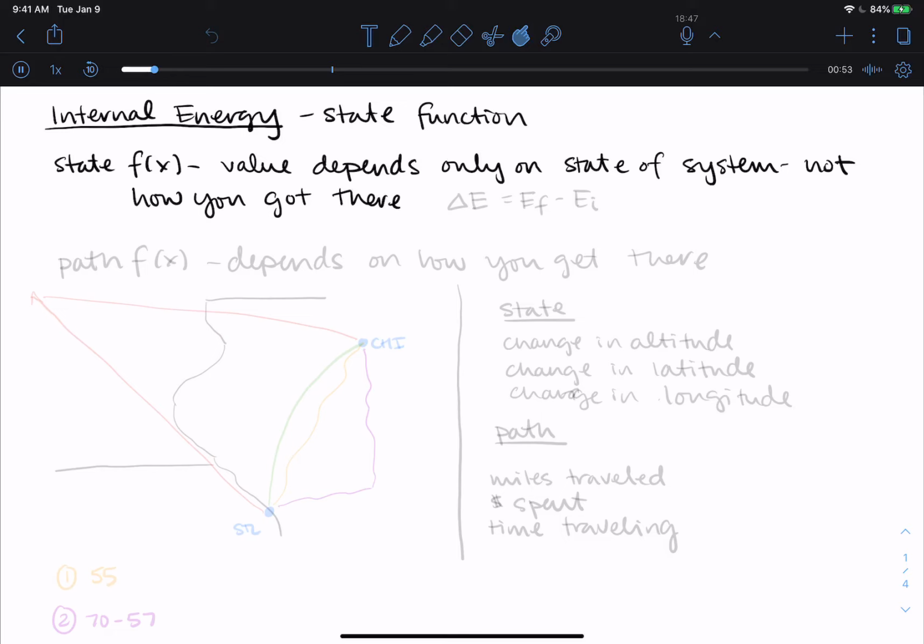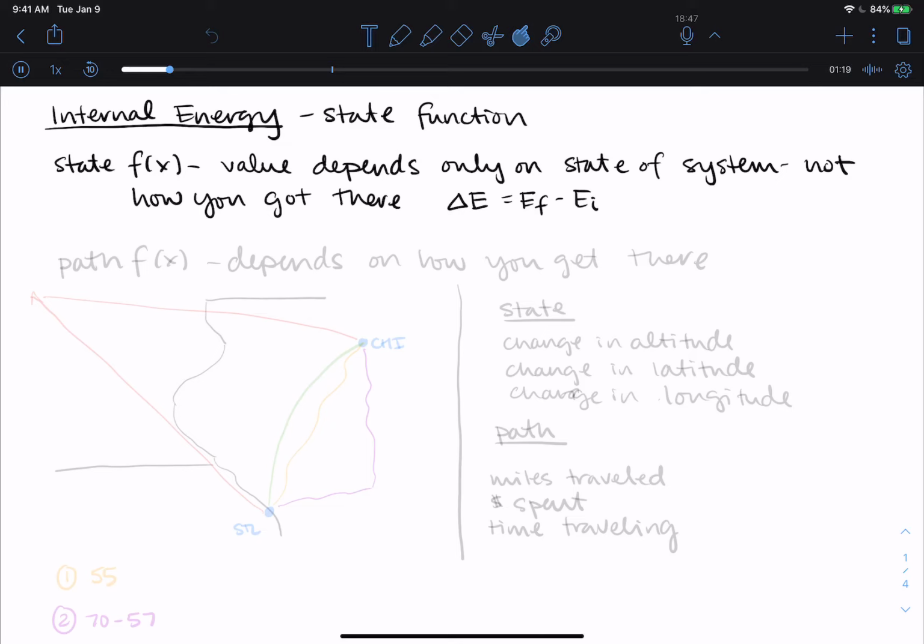So for internal energy to be a state function, this means what we're really looking at is a delta E, because we just want to look at the difference between the final state and the initial state, and it doesn't matter which way we got from the initial state to the final state, because this is a state function.